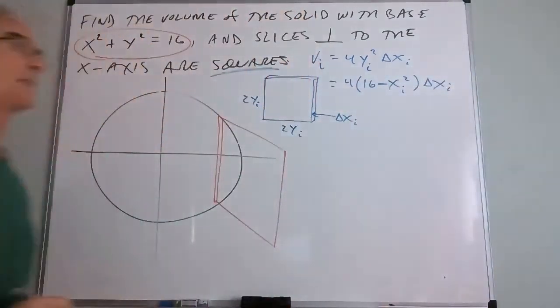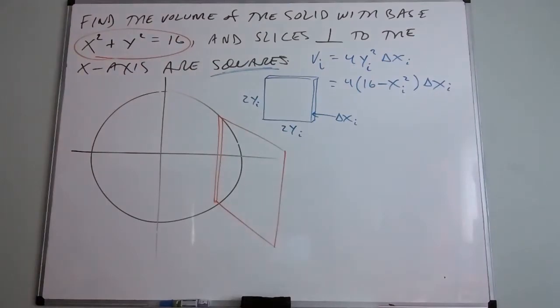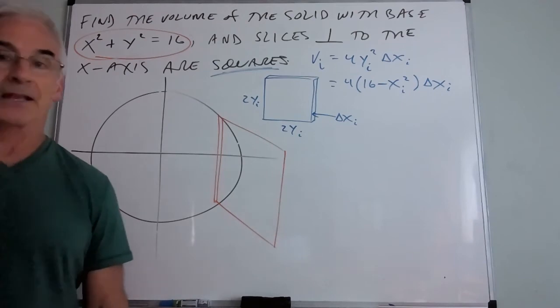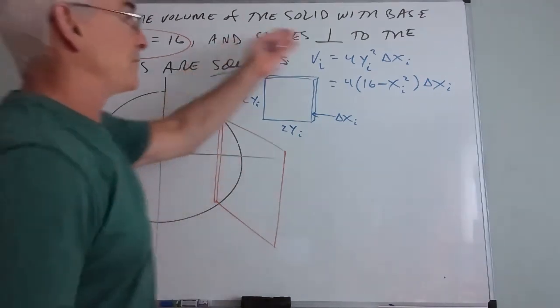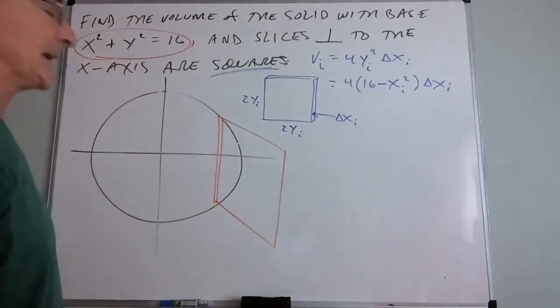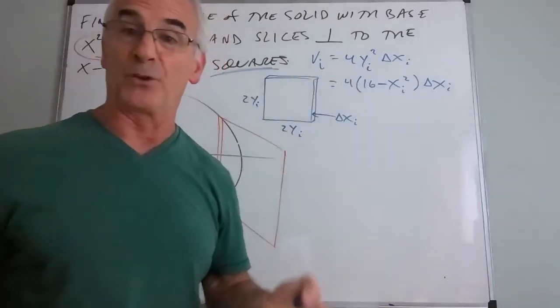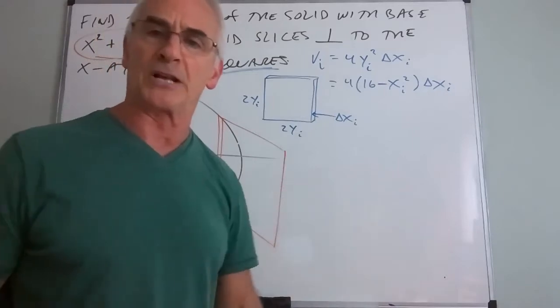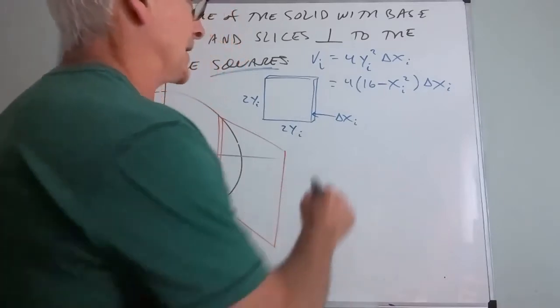That is critical that I recognize that. If the base had been something more complicated, I could still do this problem, but this step right here would have been difficult. If this wasn't a square and something more complicated, this would have been more difficult. I could still do it. So we tend to do it with friendlier shapes so we understand and we can navigate through.